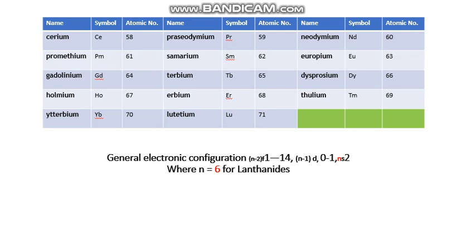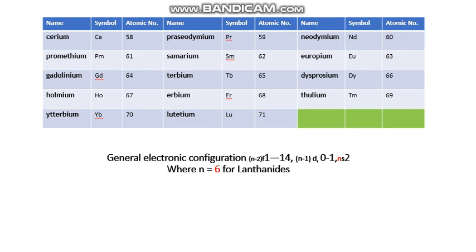Now the names: cerium, praseodymium, neodymium, promethium, samarium, europium, gadolinium, terbium, dysprosium, holmium, erbium, thulium, ytterbium, lutetium.